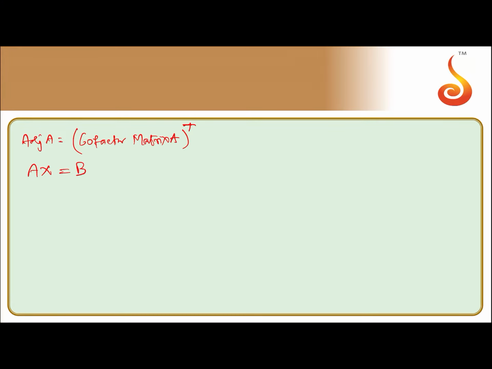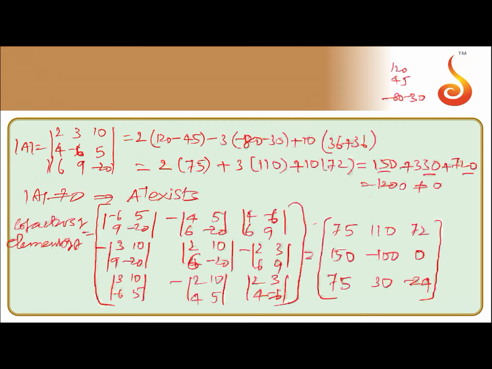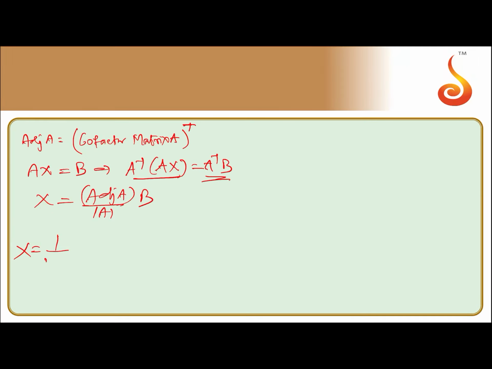AX is equal to B. As the inverse exists, if I multiply A inverse on both sides, A inverse multiplied by B, this simplifies it as X is equal to A inverse B, which is nothing but adjoint A by det A multiplied by B matrix. So X can be written as 1 by determinant of A. We had the determinant is equal to 1200.